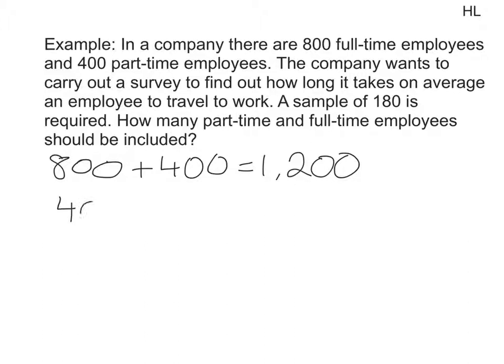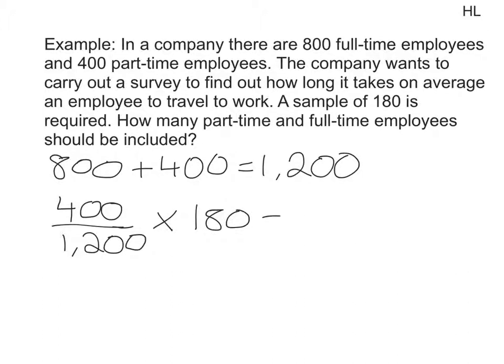So we have 400 part-time employees and 1,200 employees overall. To find out how many of these should be in the sample, we multiply the proportion by the sample size, 180. And this will give us an answer of 60 part-time employees.